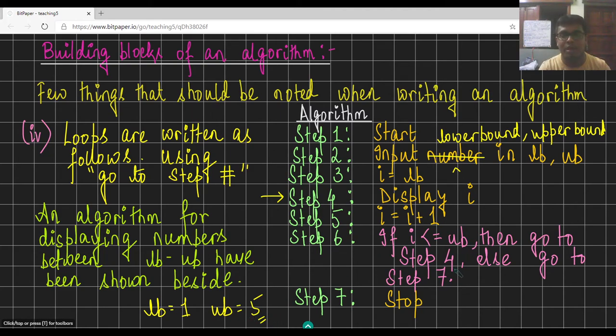Then we stop and go to step 7. So this is where go to helps us to repeat a few steps multiple times. For example, the steps 4 through 6 will be repeated several times until this condition becomes false, right? So this is how you write loops in an algorithm.